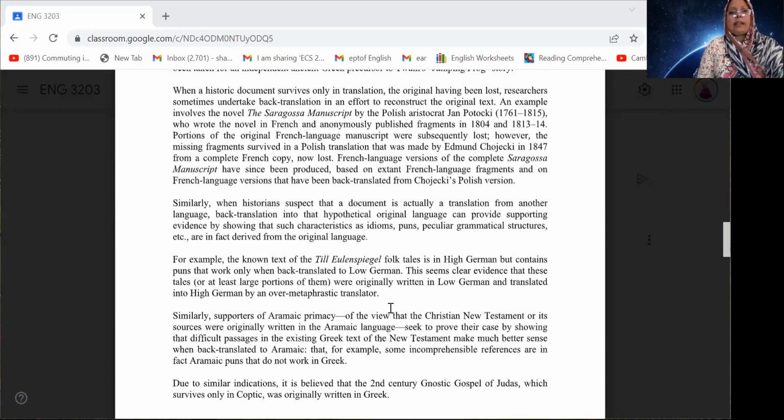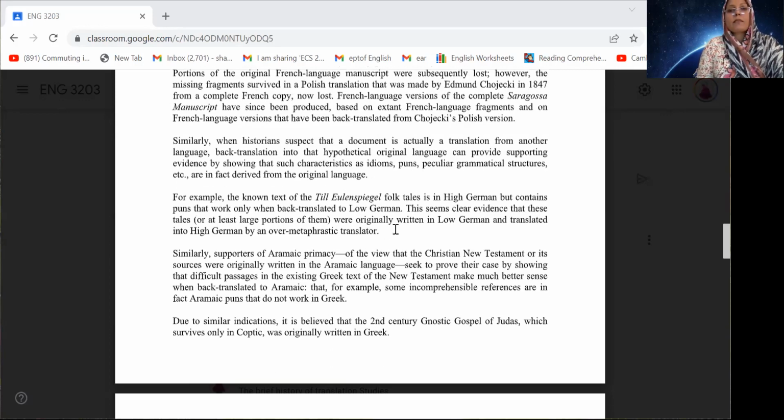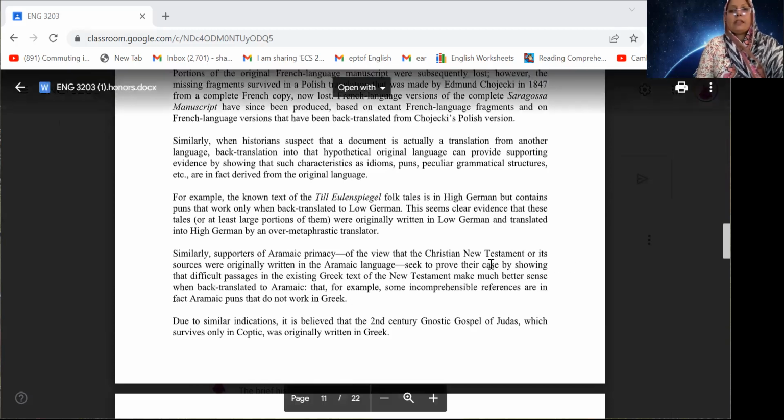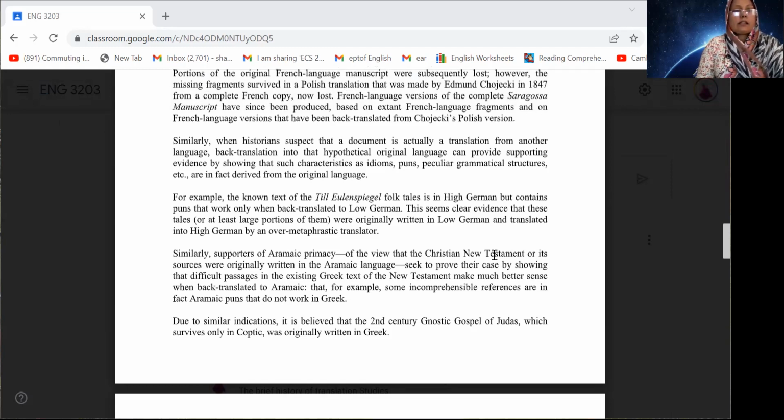Similarly, some say that the Christian New Testament was originally written in Aramaic language.